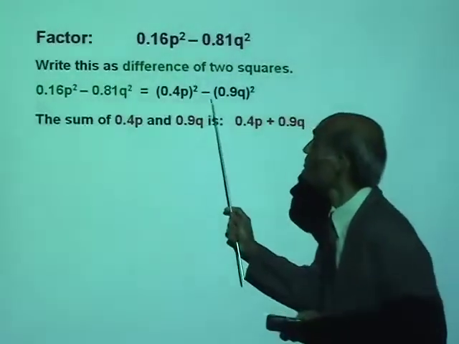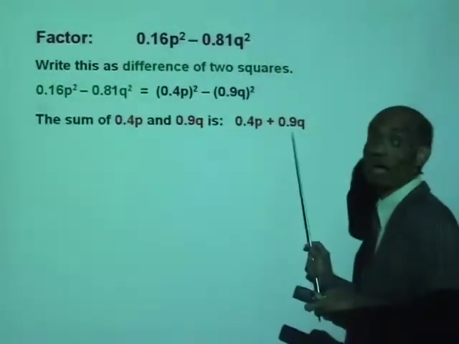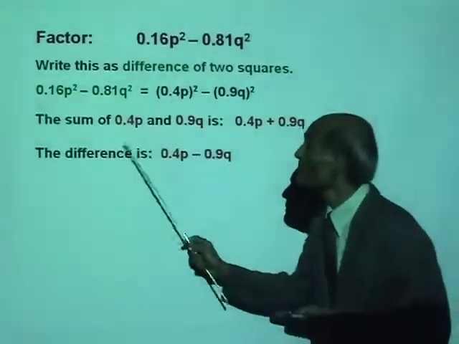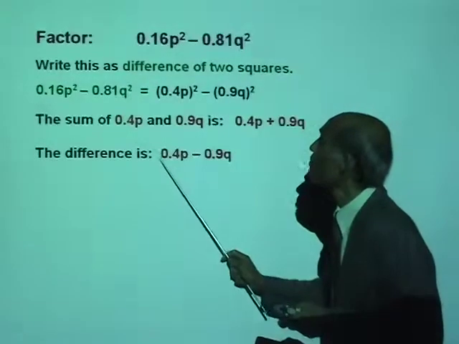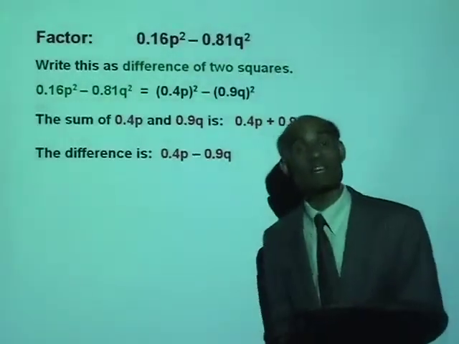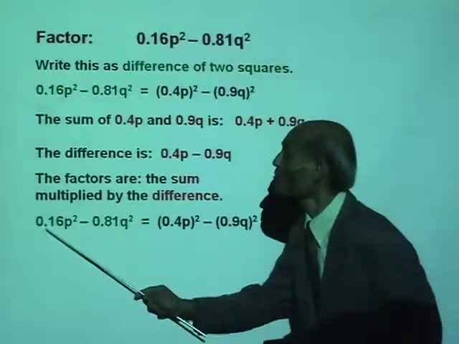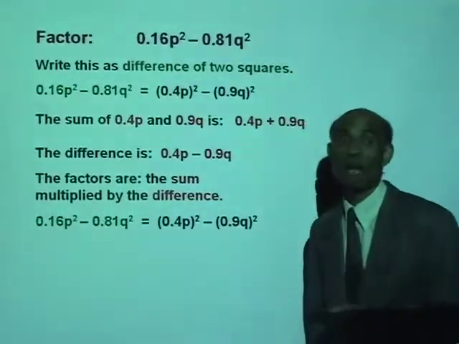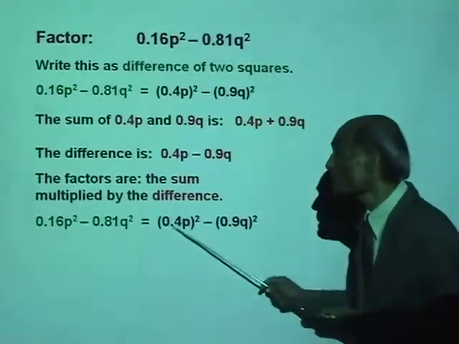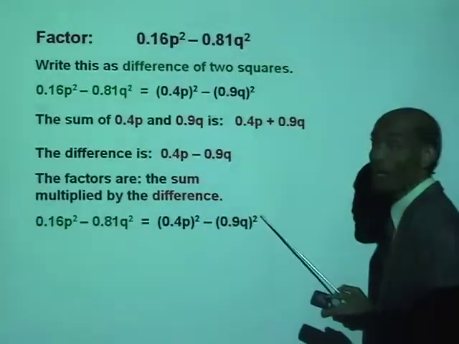And the first factor is 0.4p plus 0.9q. The sum of the two quantities is the first factor. The difference of the two quantities is 0.4p minus 0.9q, and that is the second factor. Therefore, 0.16p squared minus 0.81q squared is 0.4p all squared minus 0.9q all squared.